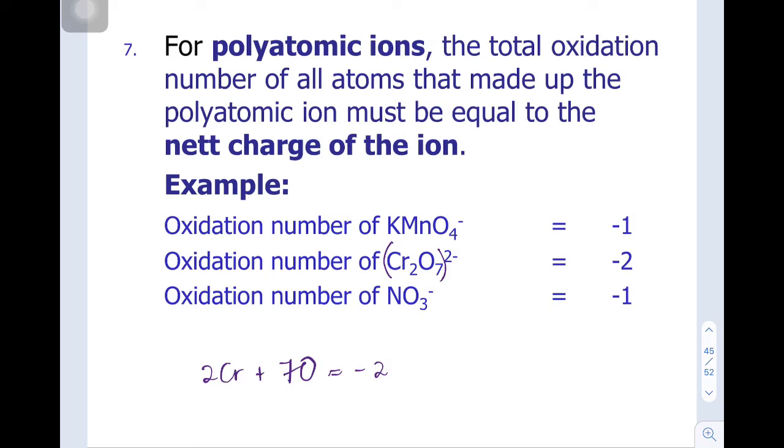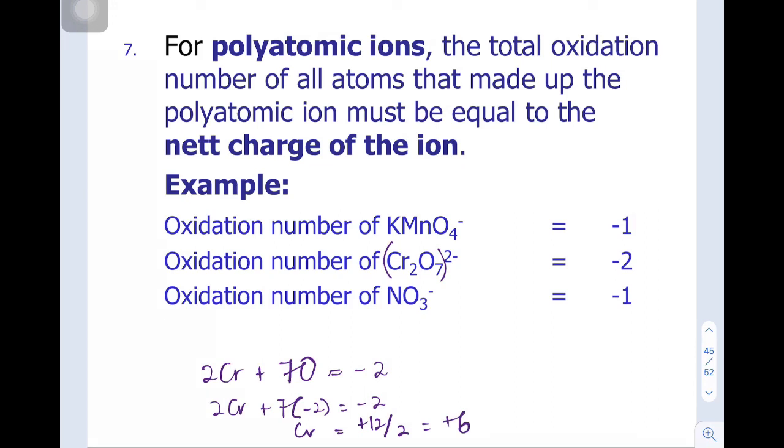From this, we can determine the oxidation number of chromium, since we have discussed the rules on oxygen. So 2 chromium plus 7 oxygen with a -2 oxidation number each equals -2, so that chromium will be equal to plus 12 over 2, which is plus 6.